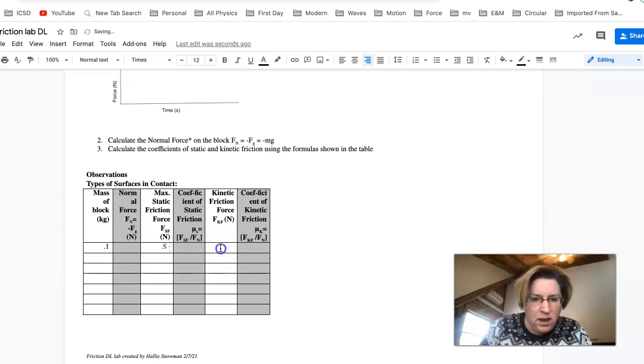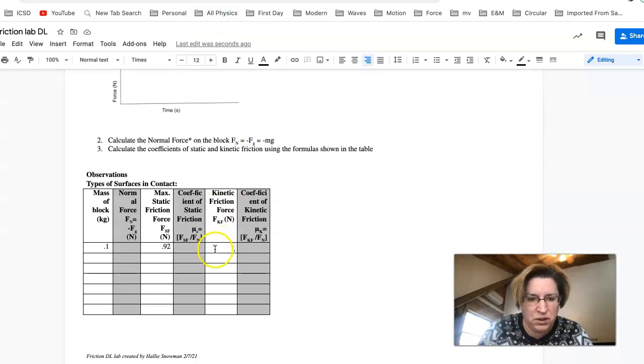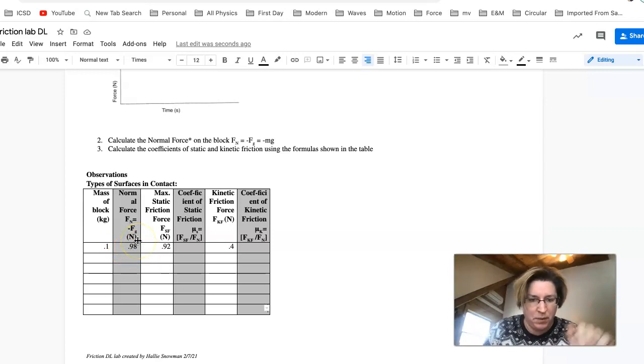For the kinetic friction force, I come down here, and that's going to be right around 0.4, so I put 0.4 in here. To do the calculations, this here is going to be 0.1 times 9.81, so that's going to be 0.98. I got that from multiplying the mass times 9.81. Again, since the normal force is up, it's a positive number.